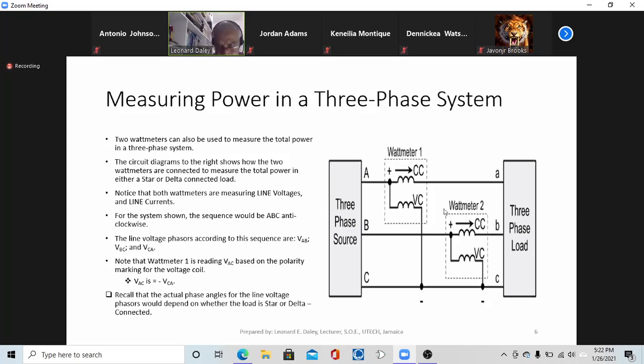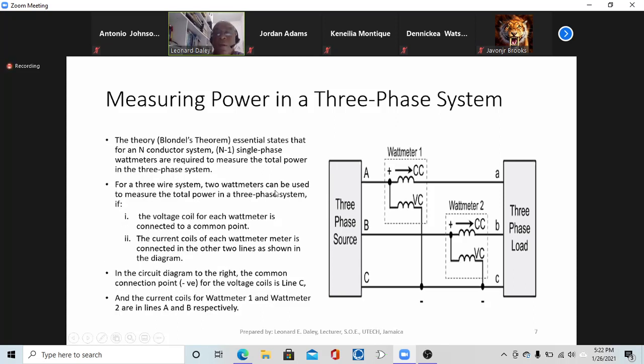All right. The three-phase load could be star or delta. So if it's a star system, though, it's a three-wire system for the use of the 2-watt meter method. All right. And this follows from a theory, Blondel's theorem, which basically states that if you have n conductors, so in this case we have 3 conductors, then we need n minus 1 single phase watt meters to measure the total power in the system.